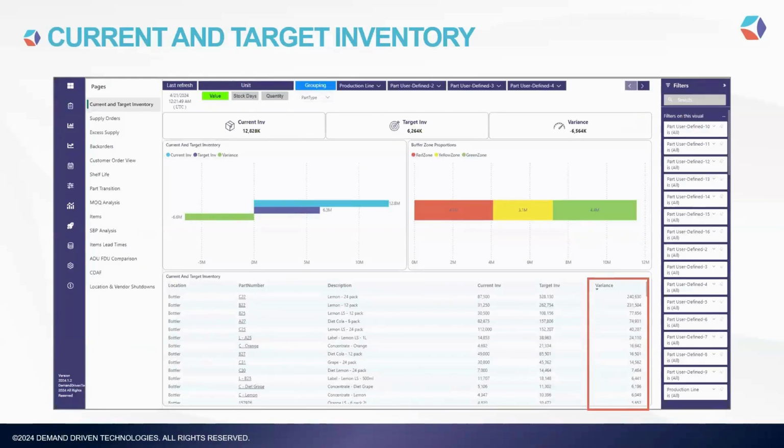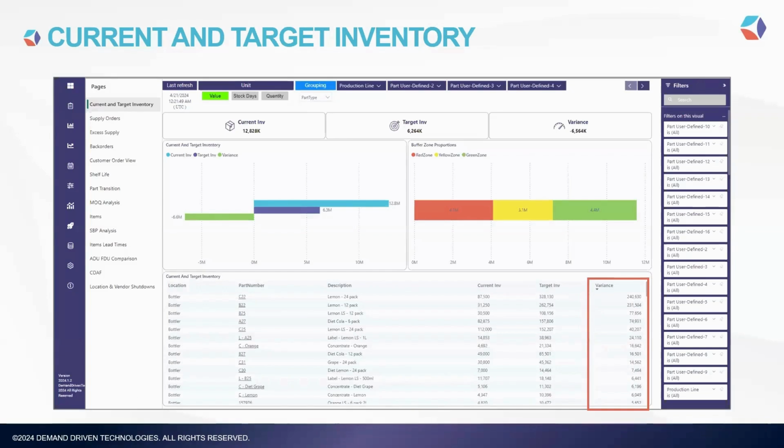So after that, I would like to jump into current and target inventory. This sheet is in your current model. It's the top sheet there, and it will show you your target inventory and today's inventory. It'll show you what the variance is.